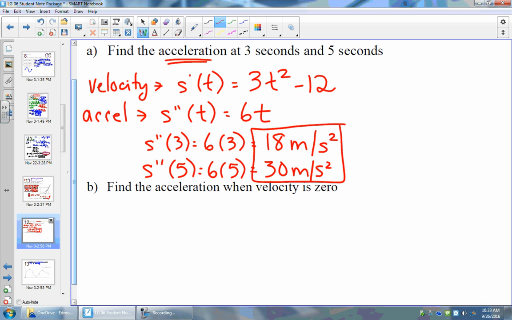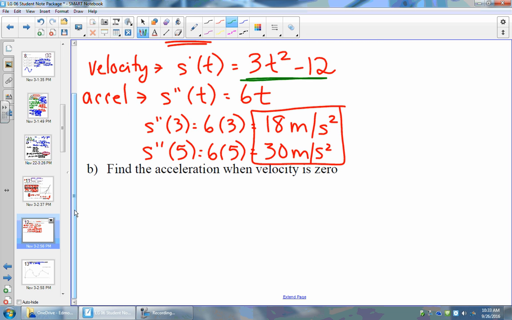The next question, find the acceleration when velocity is 0. So it's saying when, so obviously I'm looking for a time there. So when velocity is going to be 0. And I've got this equation already figured out. So we have our first derivative, and we're looking to see when that is equal to 0.